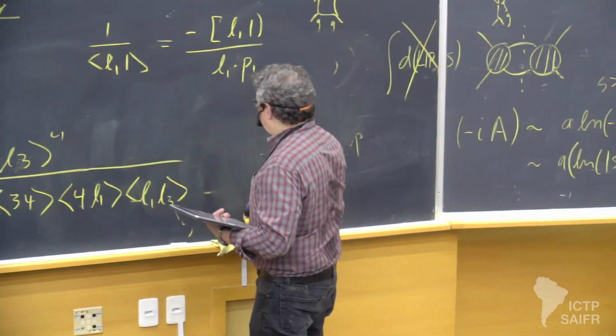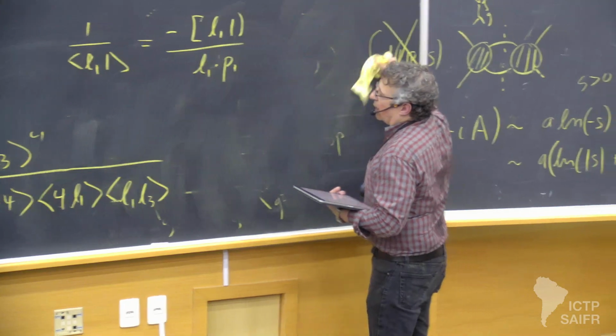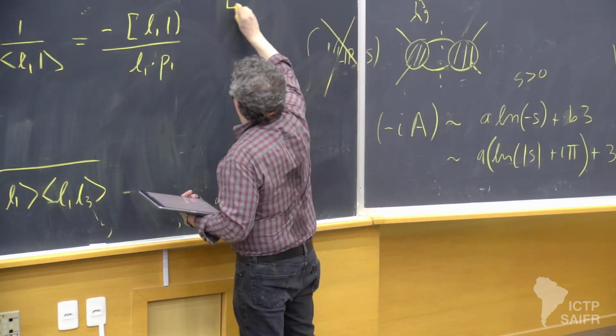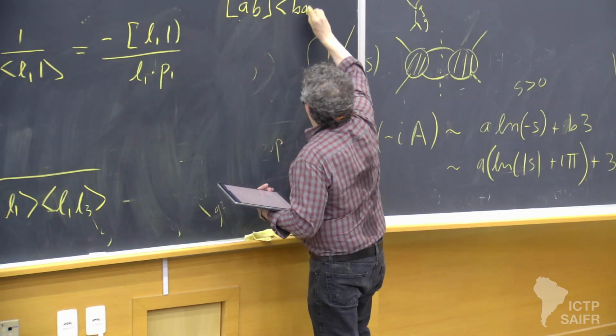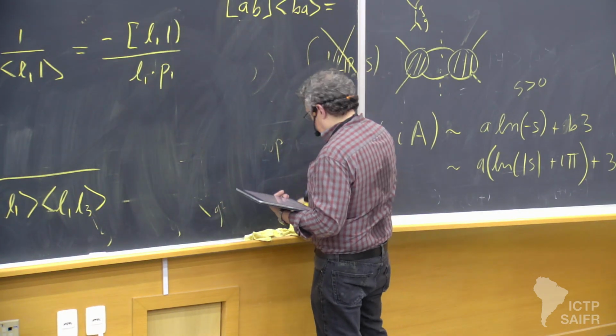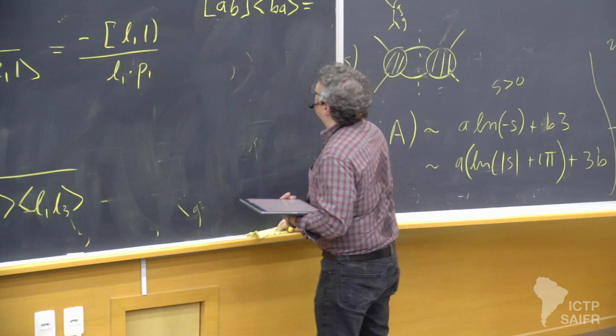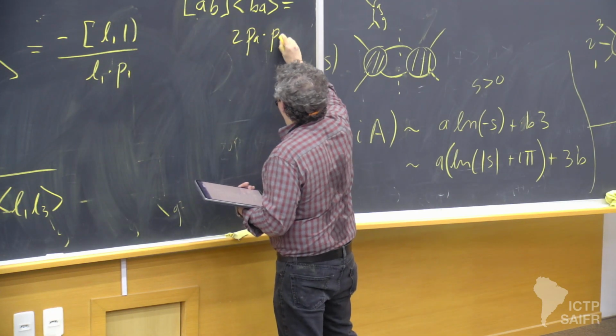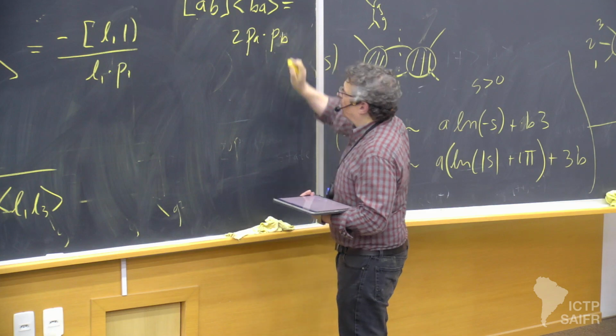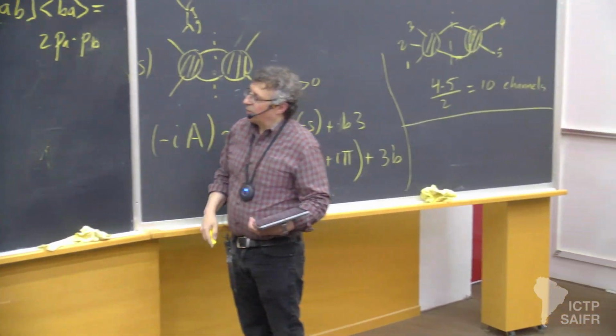Oh, actually, I should have had a minus sign there. Okay, and this is just using the fact that AB, BA is equal to 2 PA dot PB. Okay, oops, that's a B. So Yaroslav, I'm sure, explained that in great detail.